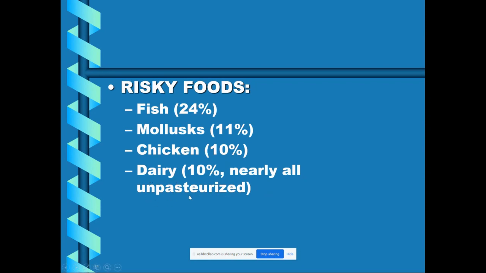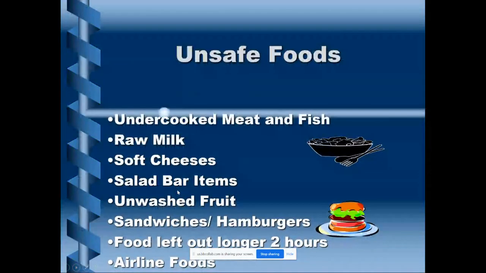If you were to go to the grocery store right now and grab a gallon of milk, that's pasteurized. If you buy it directly from a farmer or farmer's market, it may not be pasteurized. It may be considered unpasteurized. And that means it wasn't heated to high temperatures to kill the pathogens. So undercooked food is what is usually the primary culprit in foodborne illnesses.